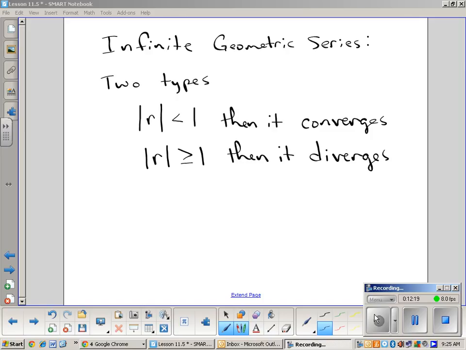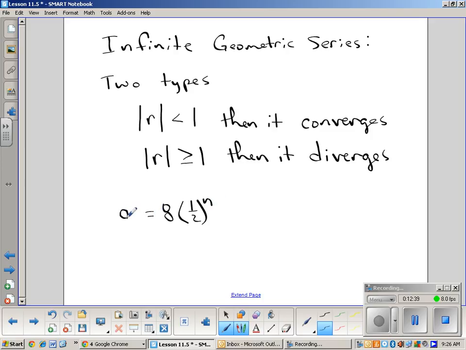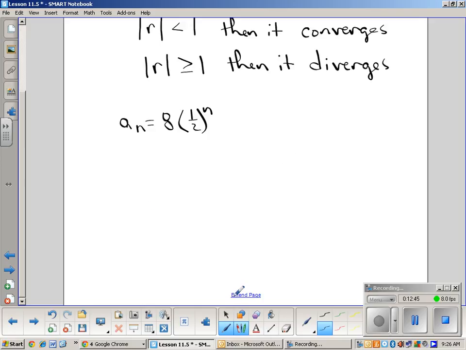All right. An example of converging. Let's pick a nice number. If I had 8 times 1/2 to the n, and this was our sequence, not the series, our sequence.